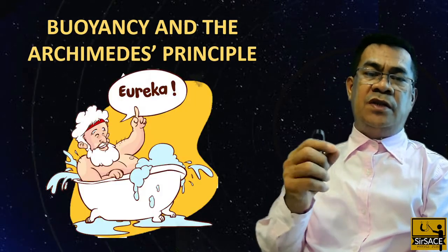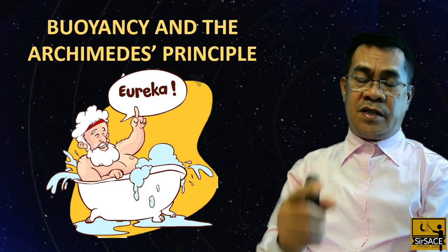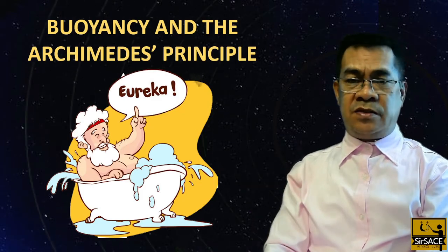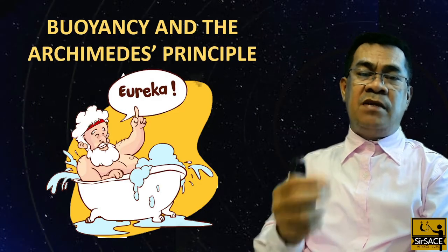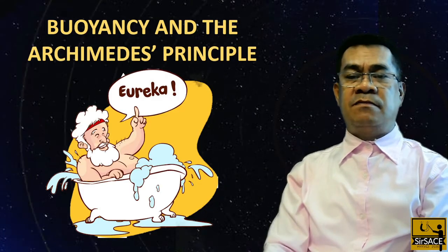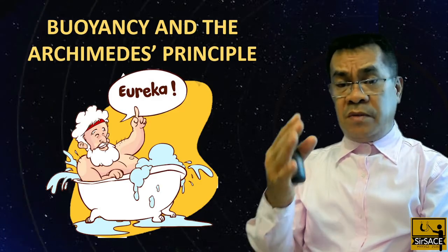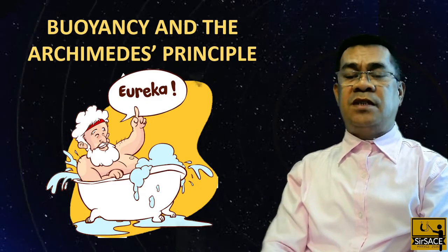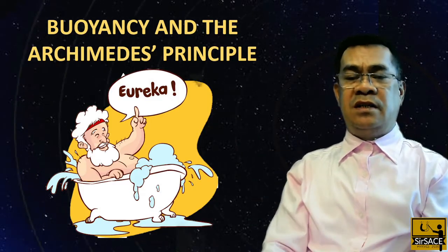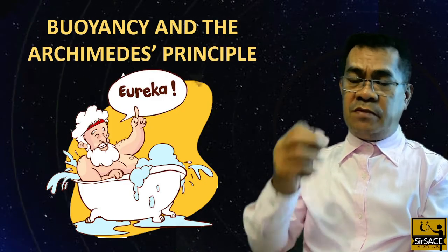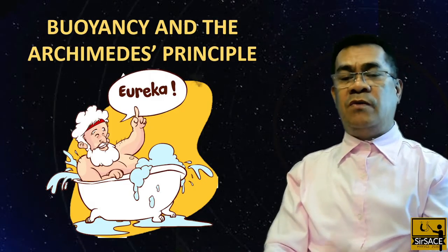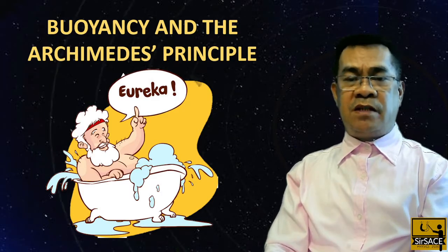Now, look at the figure. We have the word eureka, and that is very familiar to us from our high school days, because eureka means I found it. Archimedes found out that the volume of his body submerged in the tub should be the same as the volume of water displaced from the tub.